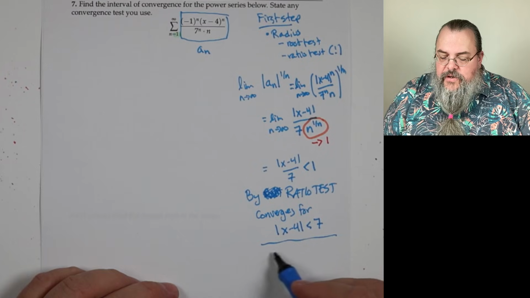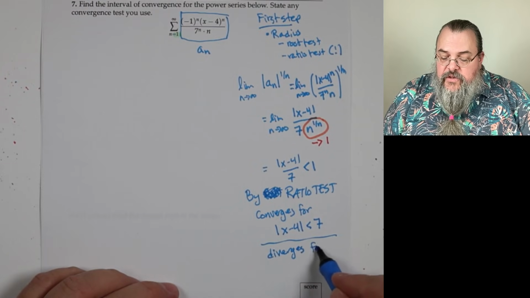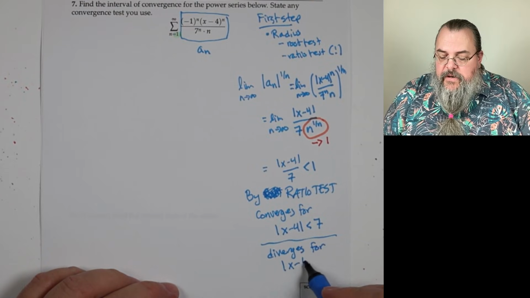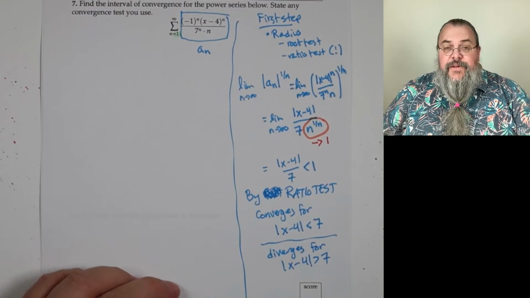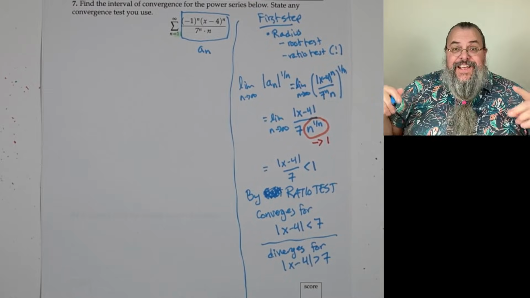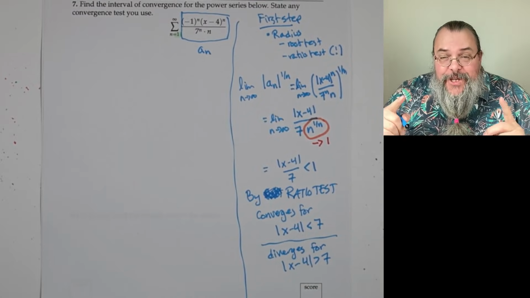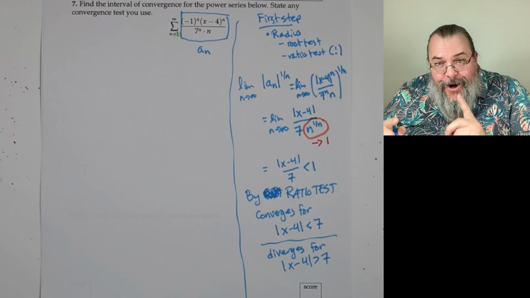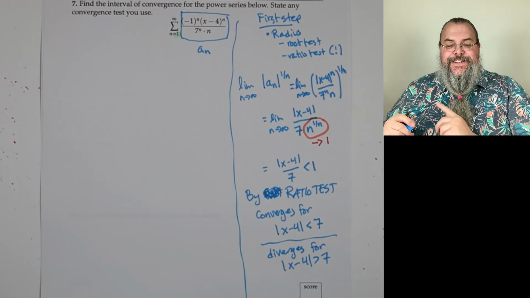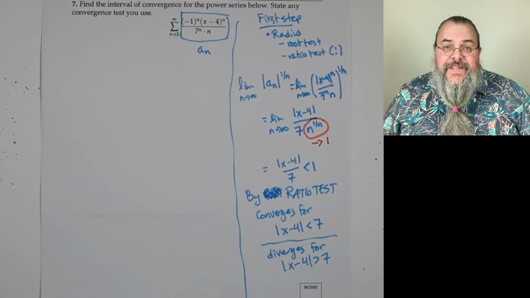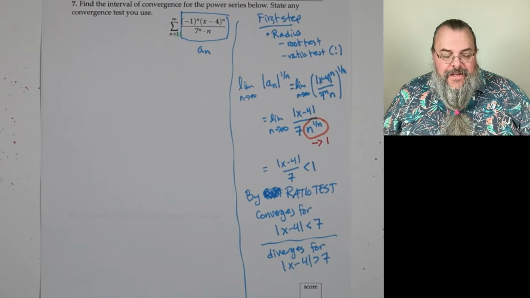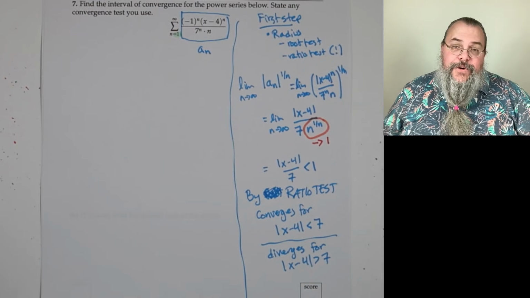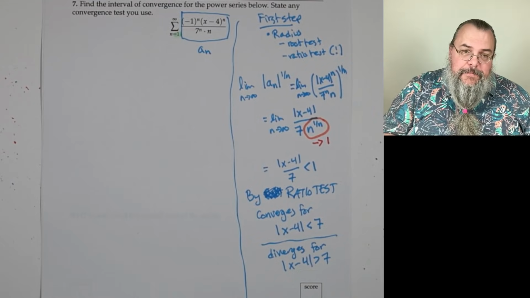We also know it diverges by the same test, the ratio test, for absolute value of x minus 4 bigger than 7. So essentially, the first step gives you almost everything. What doesn't it give us? Well, it leaves us with 2 points.